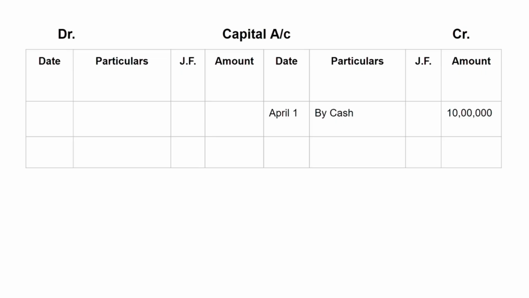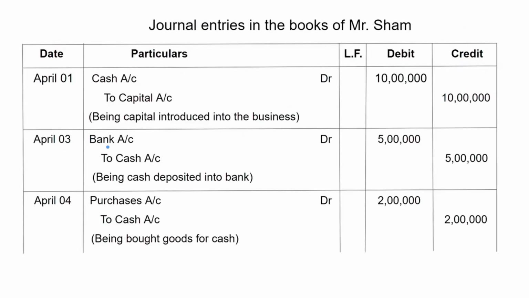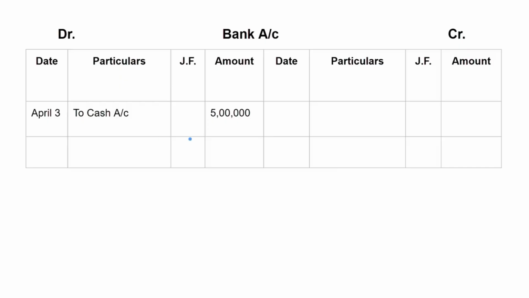Similarly, we'll record other transactions. On April 3rd, bank account debit 5 lakh to cash account 5 lakh. That is, now we'll record on the bank account ledger and cash account ledger. That is, we'll record in the bank account debit side to cash and in the cash account by bank account. Let's see how we'll record it. This is bank account.